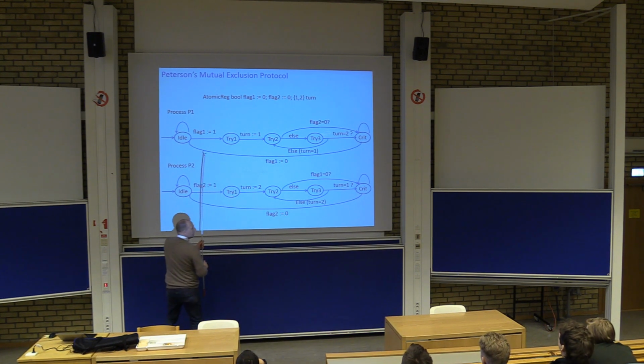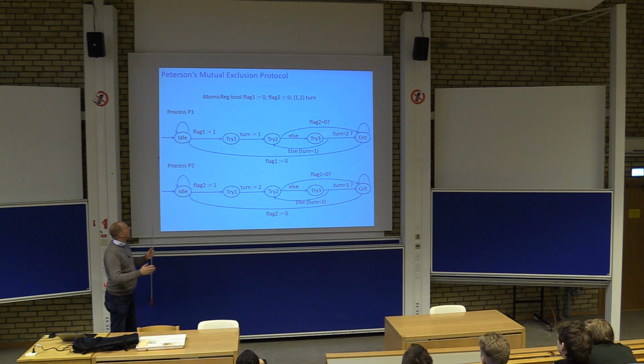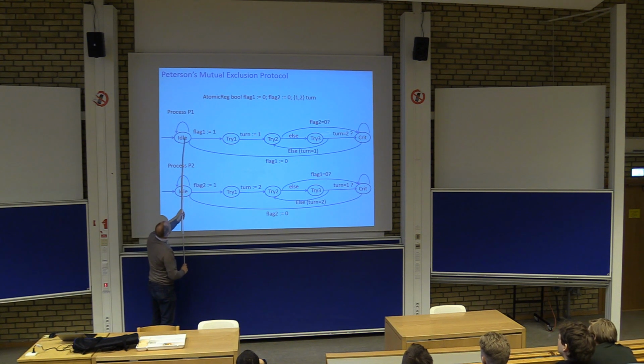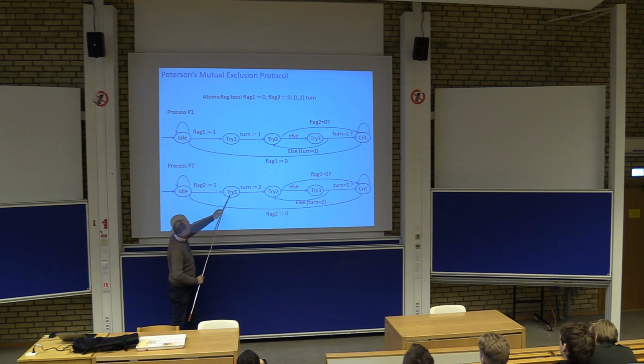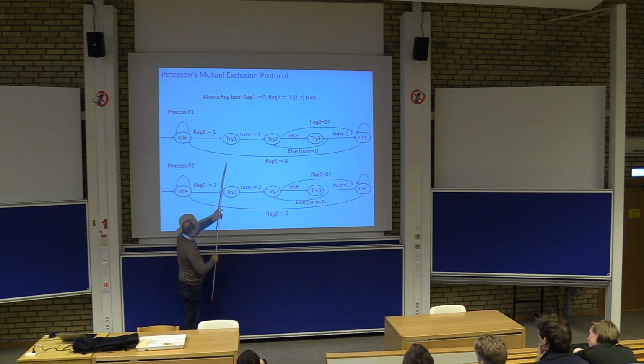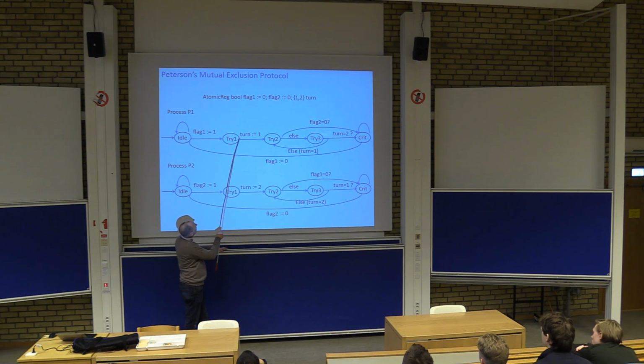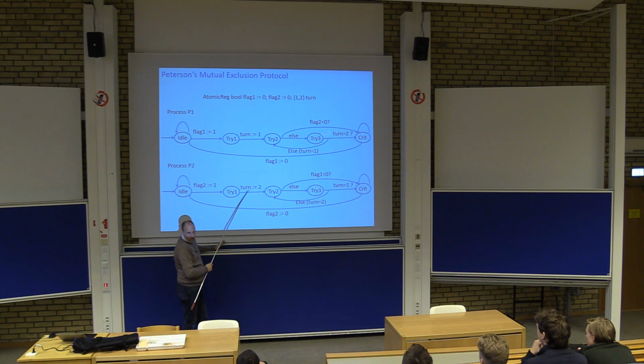So let's say we're now in the situation where T1 goes into this state, P2 goes into this state, and this is where we were in a live lock before. But now we see here both of them can proceed, but this one will set turn to 1 and this one will set it to 2, right? And assigning a variable is an atomic operation.